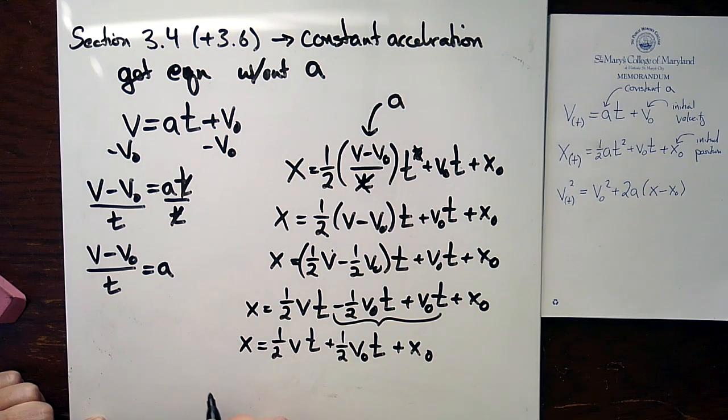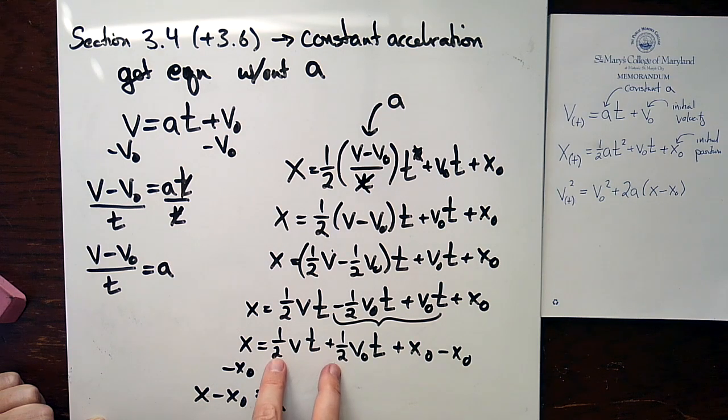And then we can go ahead and rewrite this. Let's subtract x naught from both sides. We'll have 1/2, and I'm going to pull the 1/2 out of both of these. Well, maybe I'll do it in 2 steps. So now I can combine this.